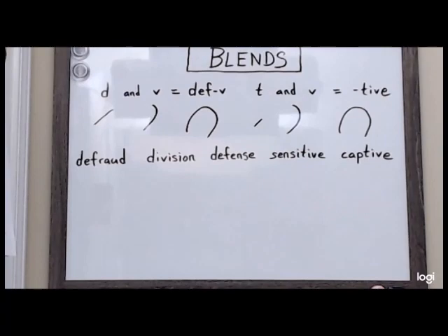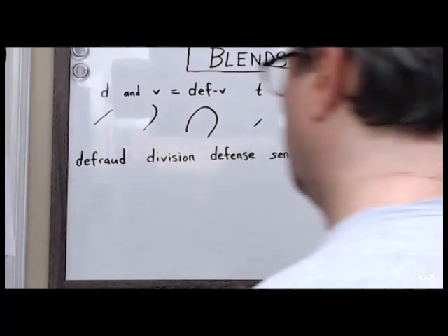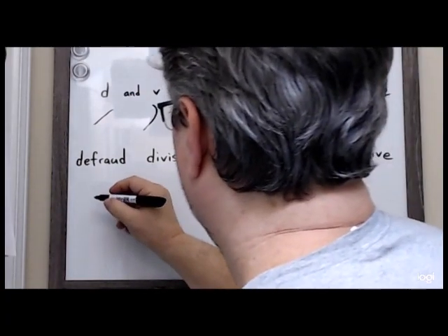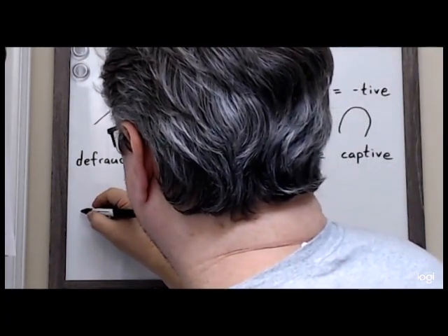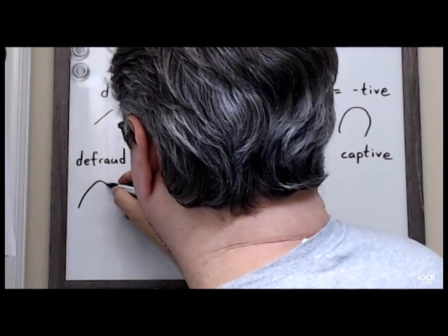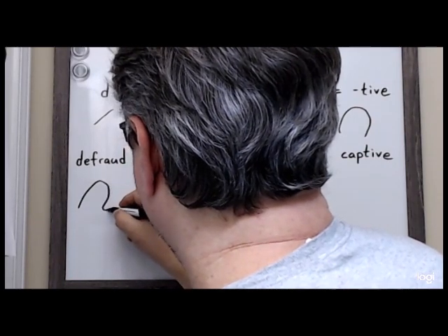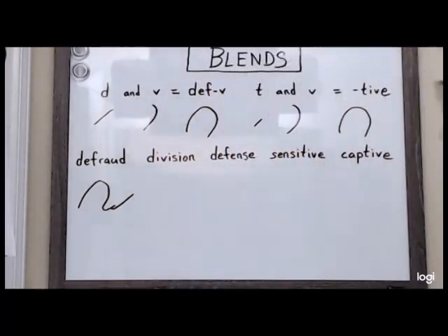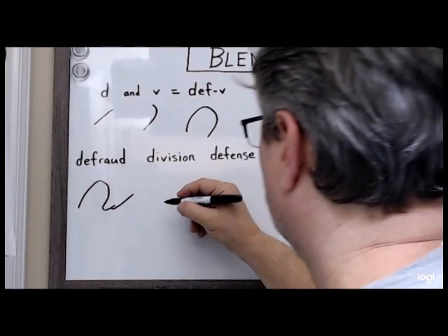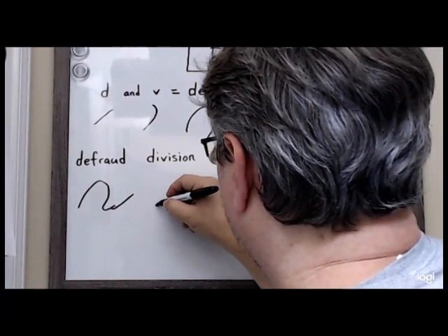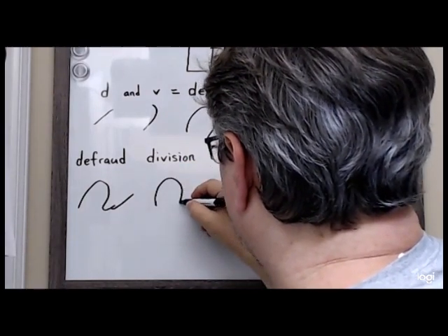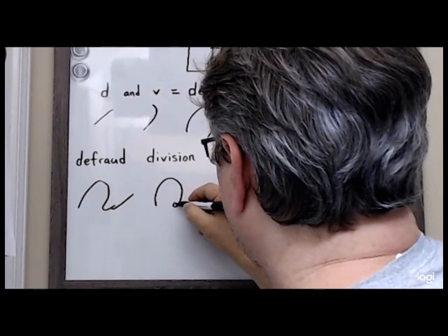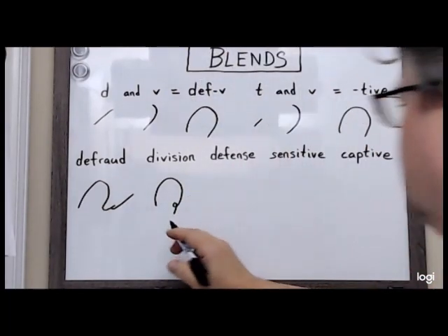So we will incorporate these strokes with these words. So the word defraud is the DEF stroke, then the R, O, and D. The word division will be the DEV stroke with the short I and the SH standing for shun.